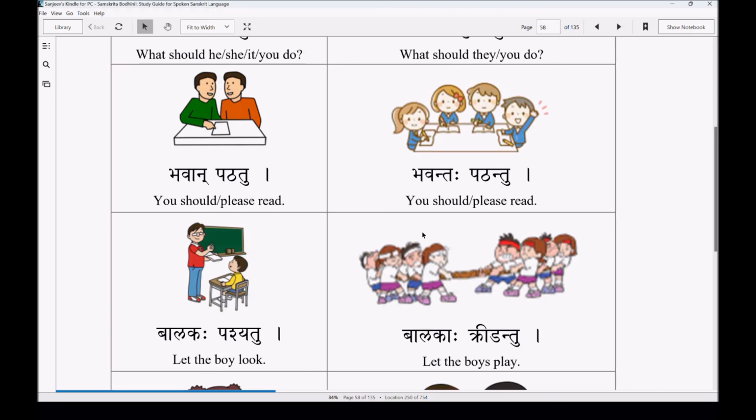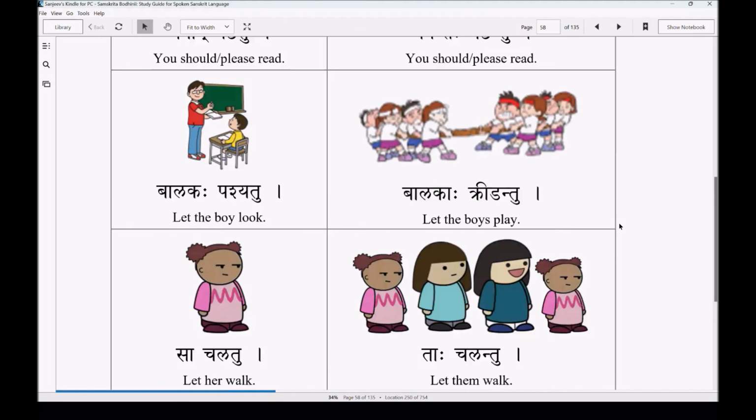You can add an adjective, Visheshan, like Varyaha, Mahodaya, Mahashaya, but it will still be singular or ekavachana only. Maheshavaryaha patati, Mahesha Mahodaya patati.